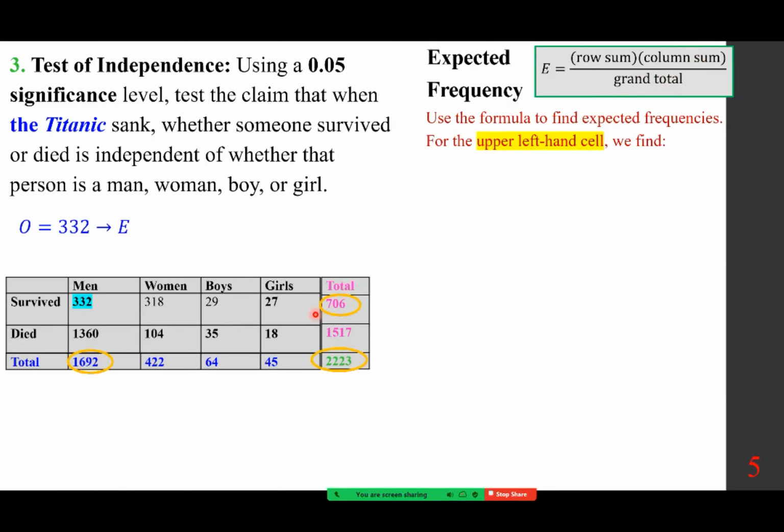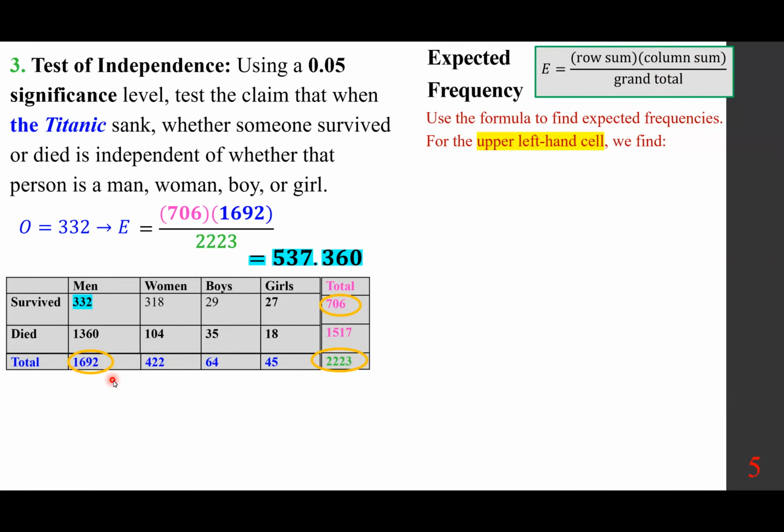So 1692 and 706, the product of the two divided by 2223. So 706 times 1692 divided by that. And that's an expectation, although that refers to the number of people, but we're going to keep it with decimals. And so if we do this calculation for each one, and it's tedious, we can write the expected value for each case.